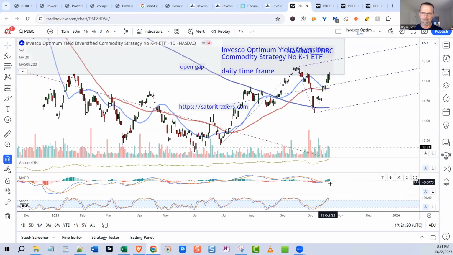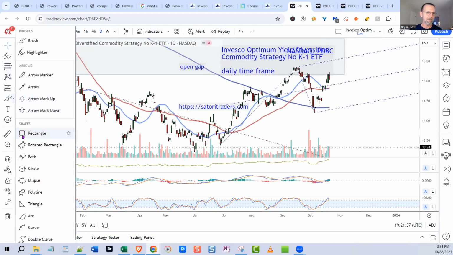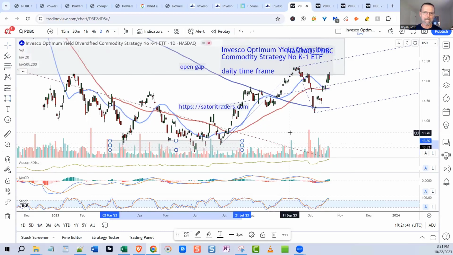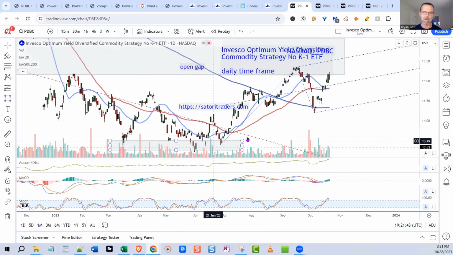MACD is mostly in bull mode, suggesting that the primary trend is to the upside. Currently on a buy signal, energy is elevated. If we look at, I meant to draw this in. Basically we've got bottoming action down in this area, and then a technical uptrend.